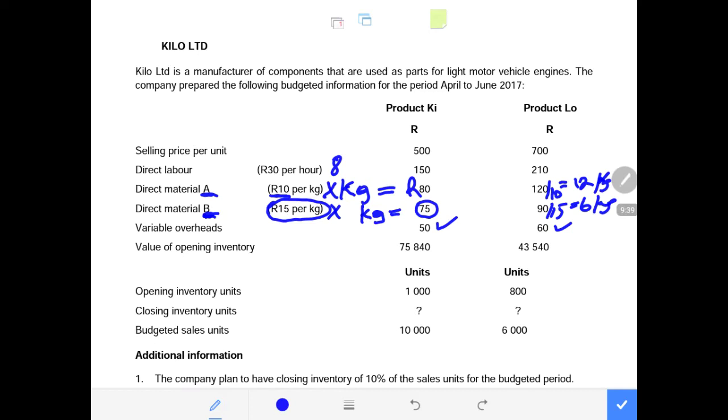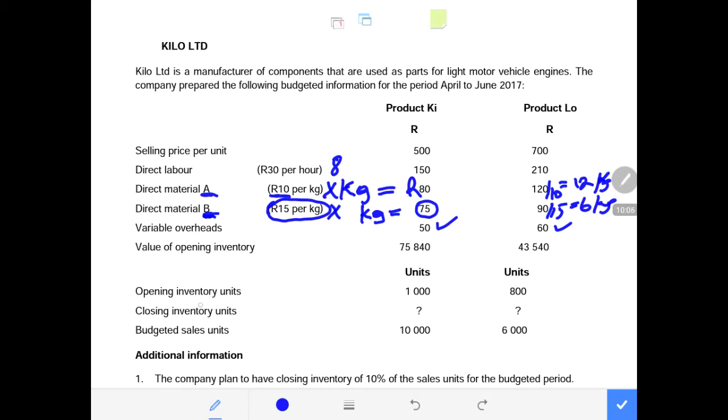We are now provided with the value of the opening inventory. Remember this is in rands. We do have the R there on top indicating that this is in rands. And beside it said the value, meaning it is the amount in rands of the opening inventory, 75,840 and 43,540 for both KI and LO.